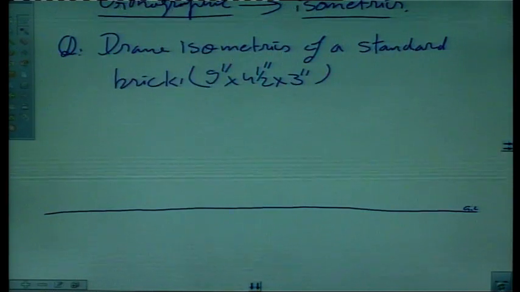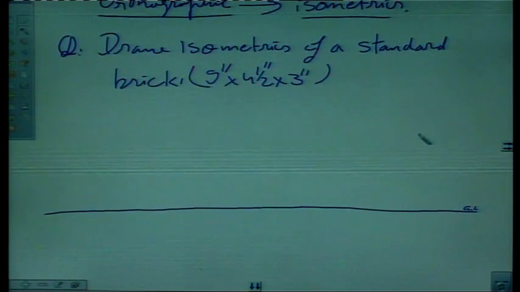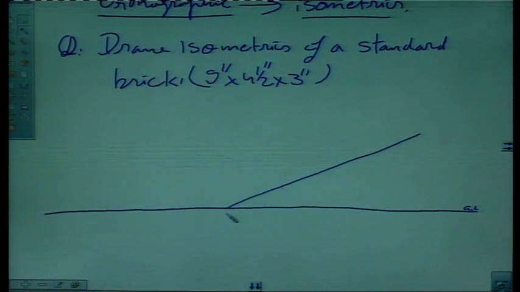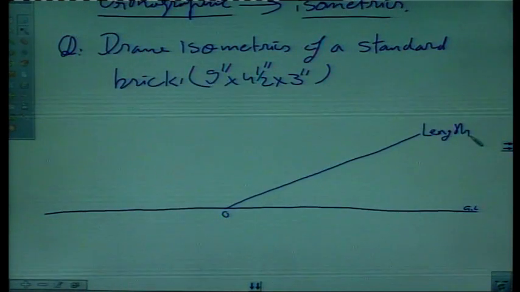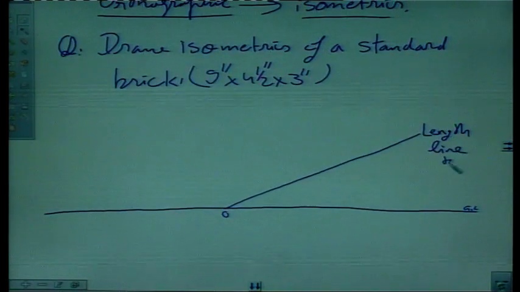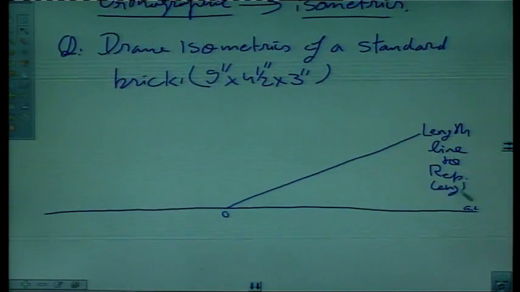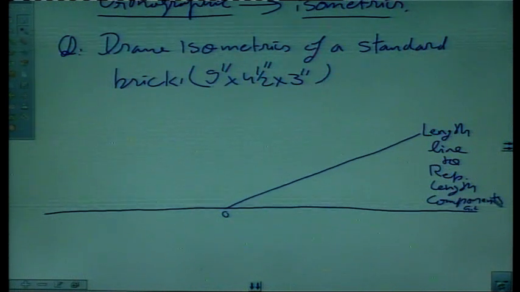Then we will draw a line like this, say from O. This line represents one axis line, one isometric line, and all the length components of the object will be represented on this line, to represent length components. All the lengthwise components will be represented on this line, right?